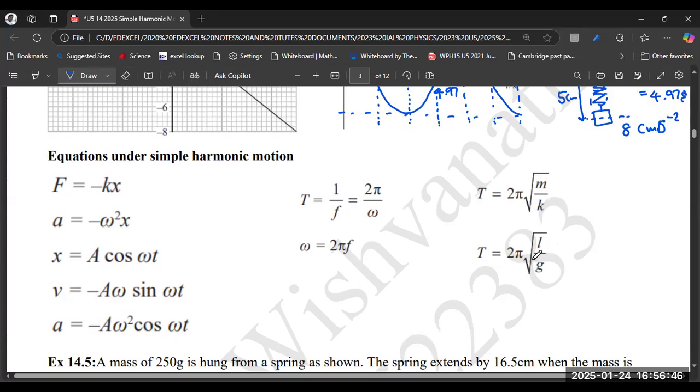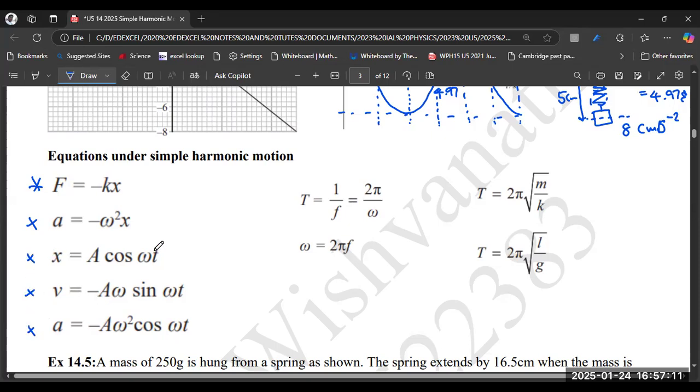All other equations, if there is any, we have to deal with proofs. That means not directly used. F equals k delta x, we learned. Force is directly proportional to displacement. A equals minus omega squared x, we learned. Acceleration is directly proportional to displacement.